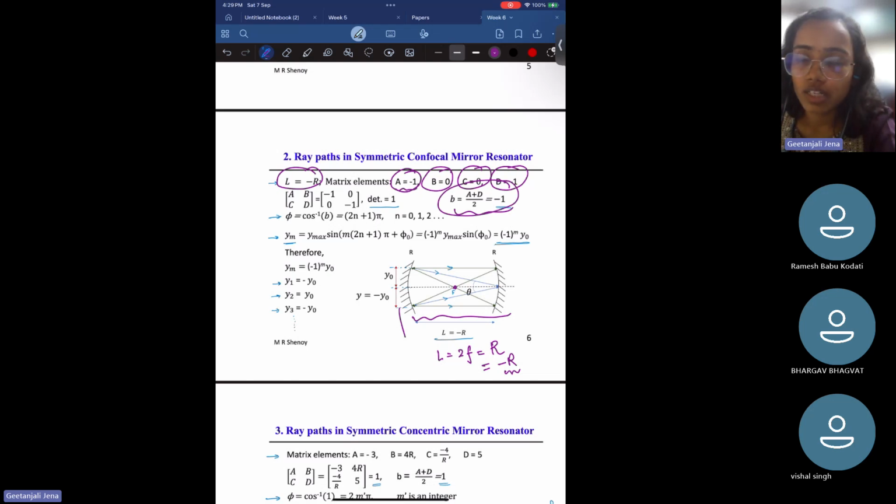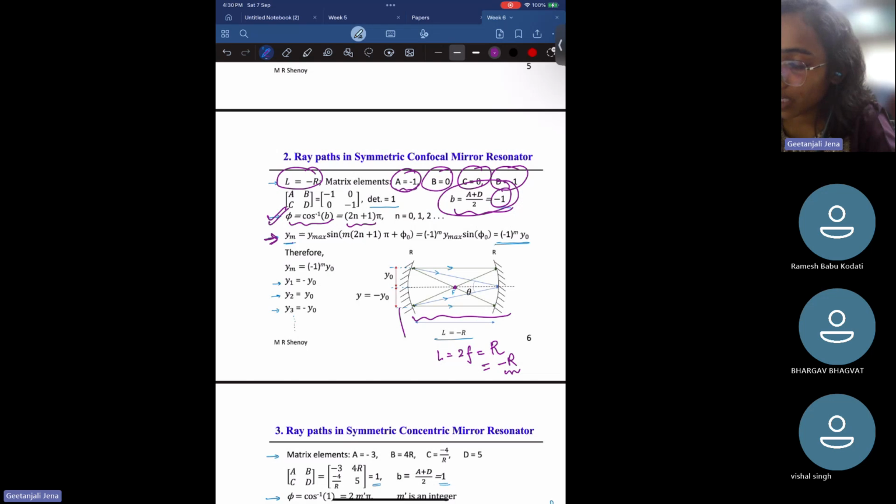Now we can easily calculate the value of phi. Phi is cos inverse of b, and b is minus 1. Sorry, cos phi is minus 1, so phi is an odd multiple of pi. So from b we got the value of phi. Now we will see the ray paths.